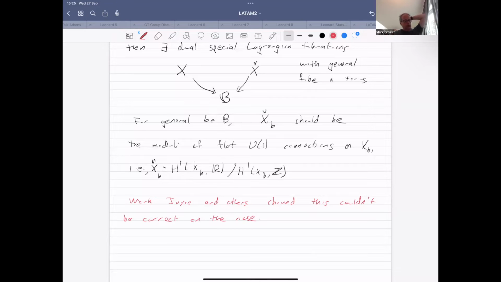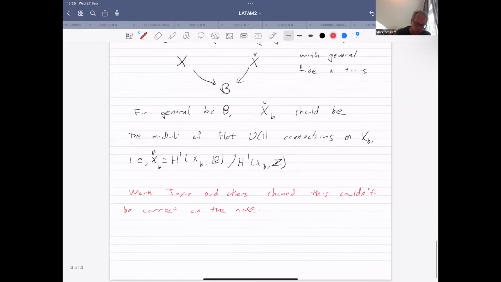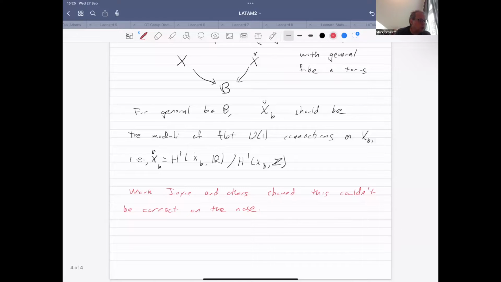But nevertheless, one had hope that it should be right. And a number of us formulated a slightly more subtle version of the conjecture, which had a chance of being true. And there has been a lot of progress recently.